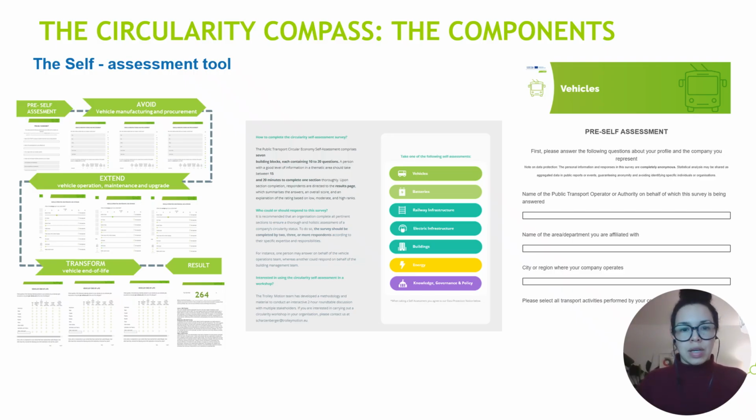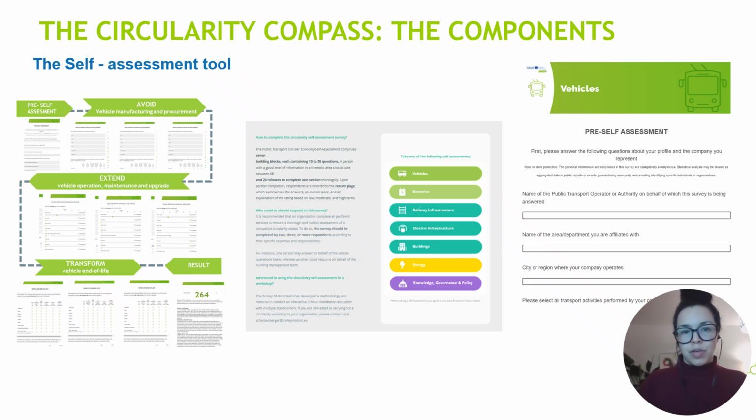And for each component, you answer questions about your assets, the operations, and other kinds. So, for example, in the extend phase, the questions are about maintenance, measures that you have implemented, that you plan to implement, and challenges that are being faced in this implementation.